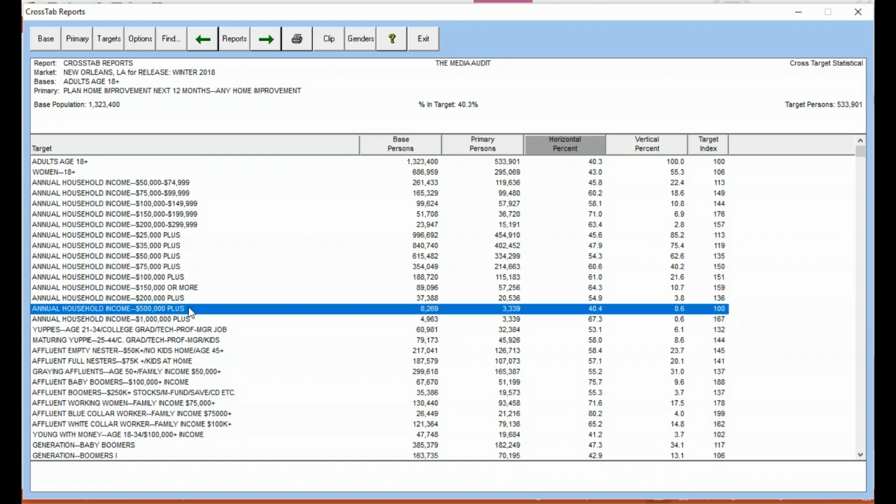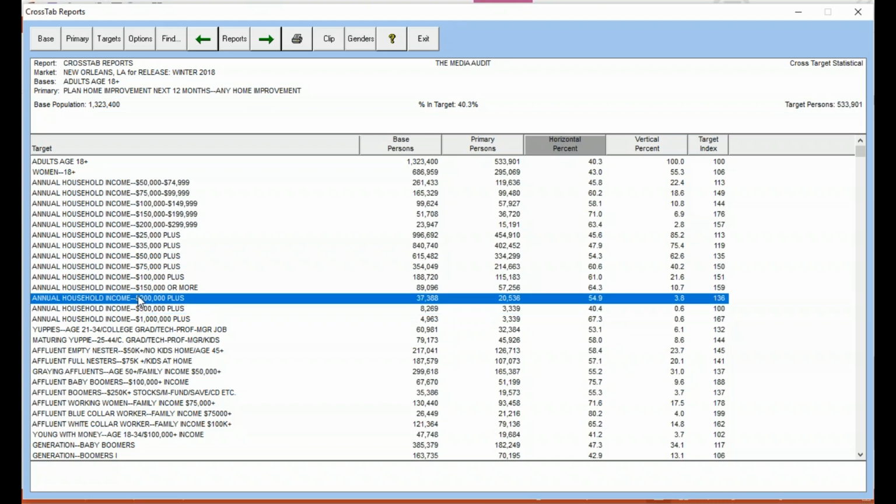And so it does make it more usable. The nice thing about these people thinking about a project, okay, is that they are seemingly affluent. Anyone making 200K plus, 55% of them are planning a project. Yay, that's great. That's a beautiful thing to know about.